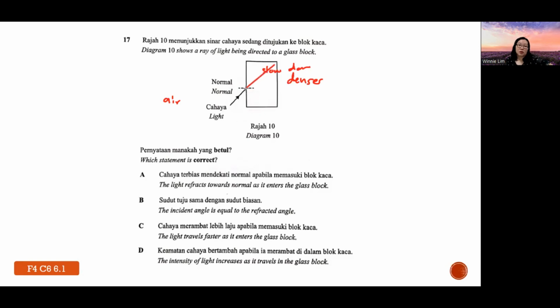If it is straight, no bending, then this is along the normal line. So yes, A already shows the incident angle more than the refracted angle, which becomes slow down. Faster is also wrong. Then the intensity, okay, it won't affect the intensity of light when you pass through different media of different density.